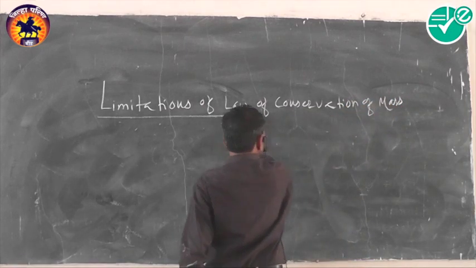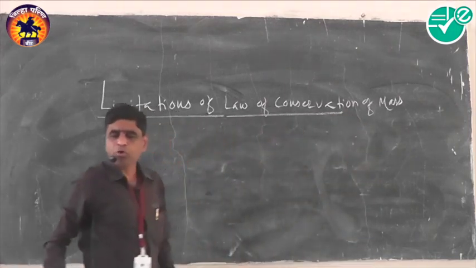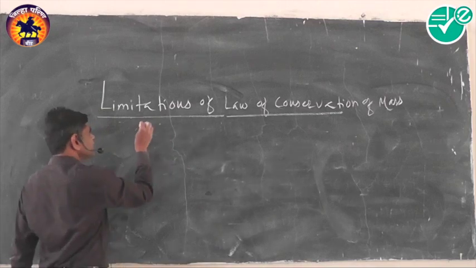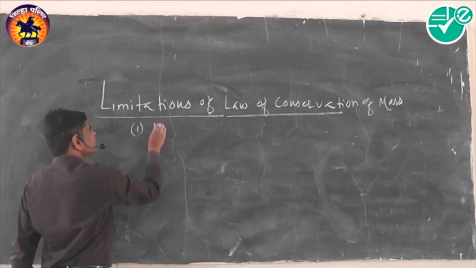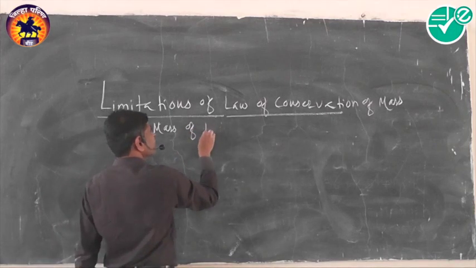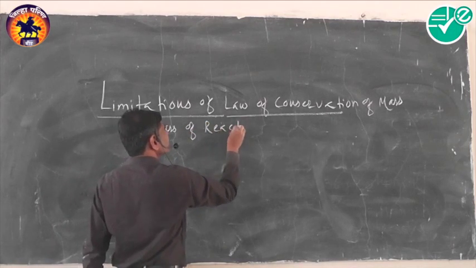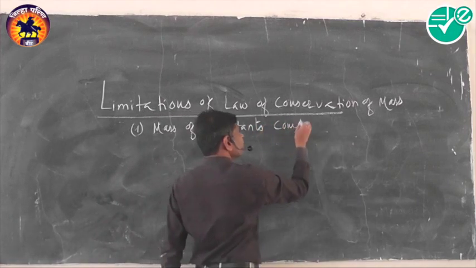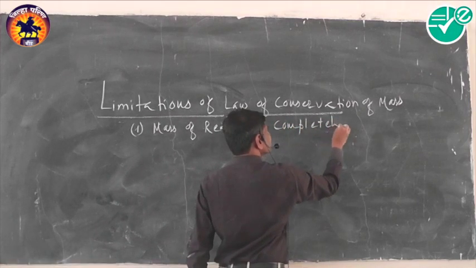And thus remember, when you say that total mass of reactant is equal to total mass of product, the first limitation is that the given mass of reactant must completely react. This is the first limitation.